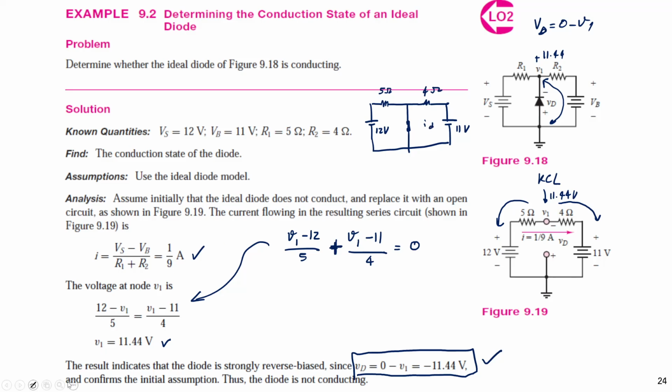Because this is a diode, we need to assume ID in this direction, right? Only one direction that the current can flow, right? But when you solve this circuit, you will get ID in the opposite direction. If you solve for ID, you will get a negative ID. So this assumption is wrong, right? So the diode is not conducting. Okay, you can recheck this again as well. Okay, so the solution is this circuit.